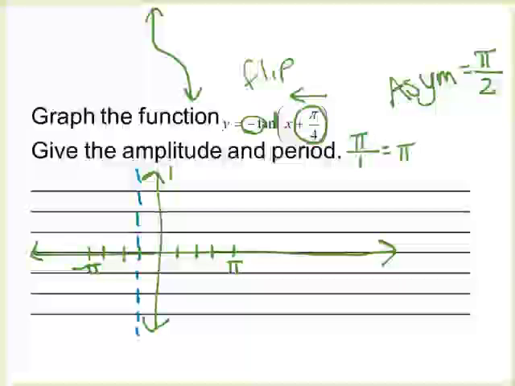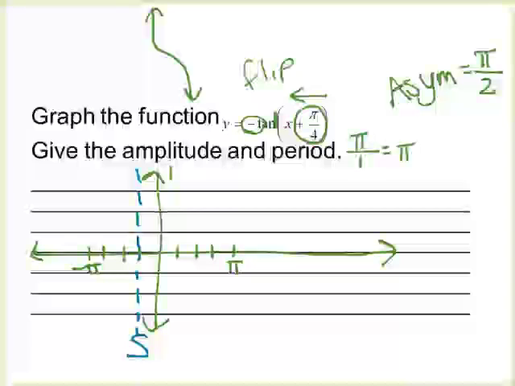Now, since we're using dotted lines to represent asymptotes and shifts, that can be awfully confusing. So I'm going to label this underneath there that is my shift line, or my starting line. So then the first part of my graph that I plot is asymptotes. The asymptotes are supposed to occur pi half away from our starting line.